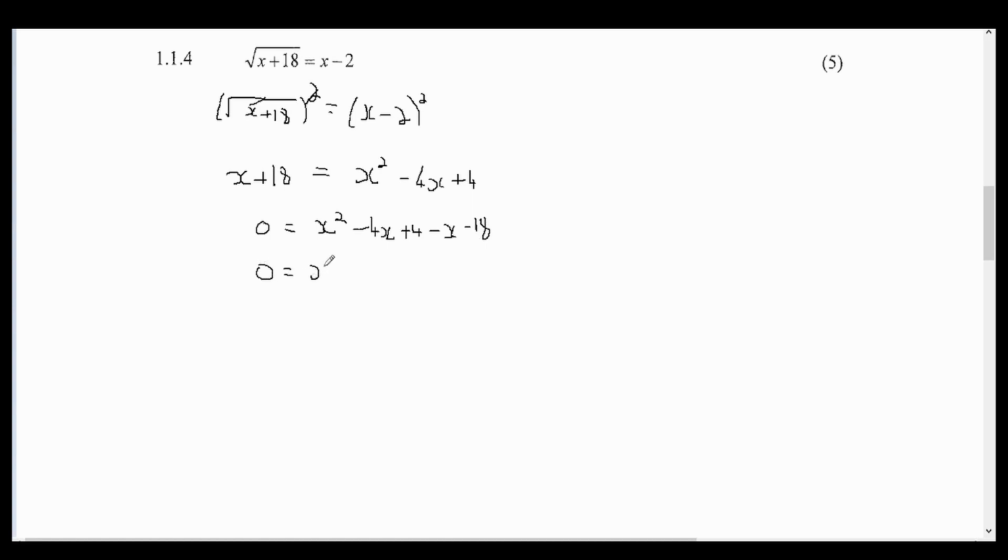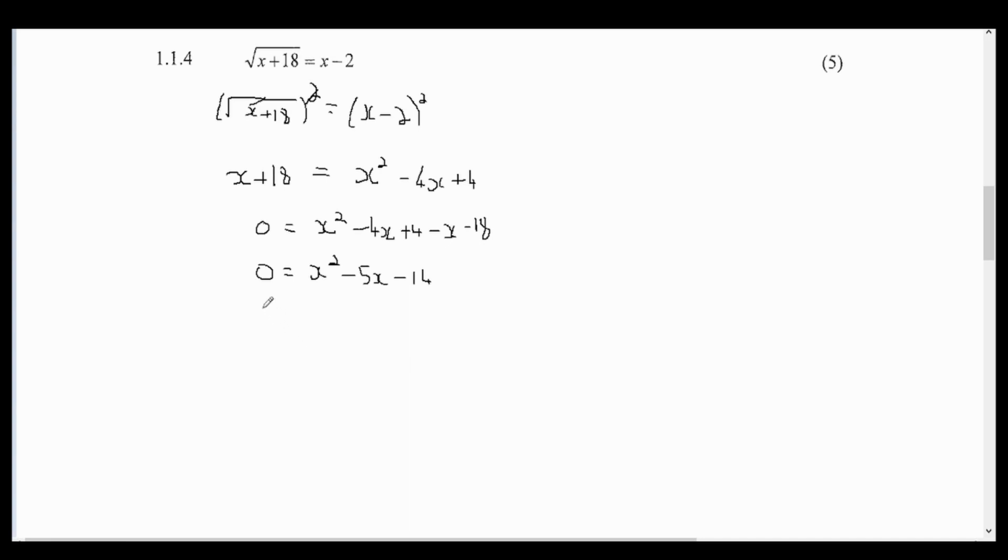So we have x squared. There are no other squared terms. There are two x terms, so it's minus 4x minus x. You know the same sign, so we're going to be adding them, so it becomes minus 5x. And we have plus 4 minus 18 becomes minus, and the difference between them is 14. Right there.